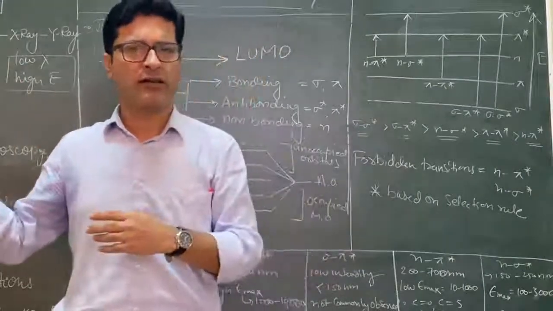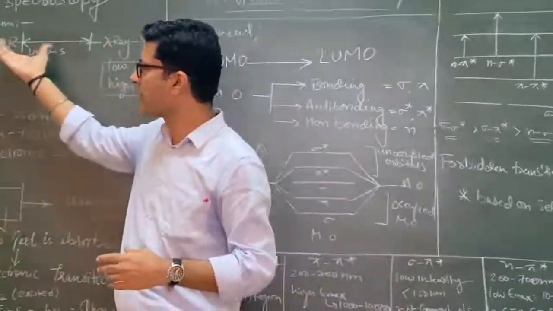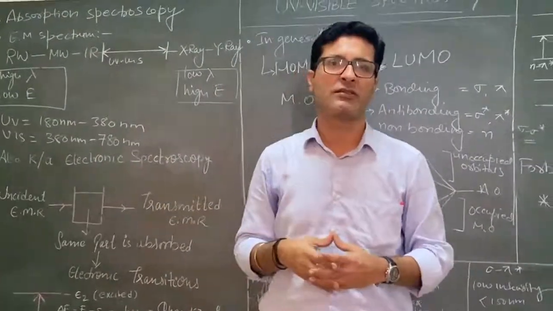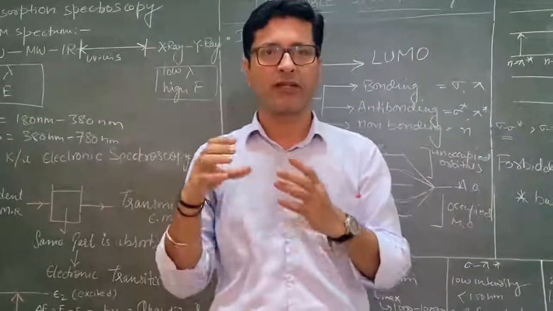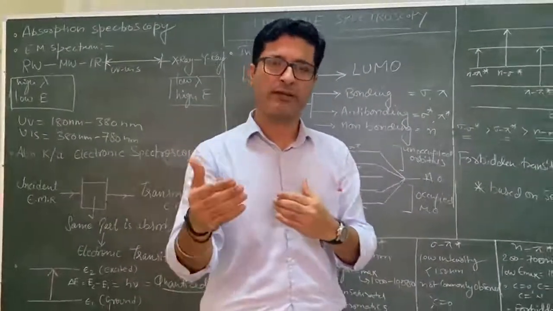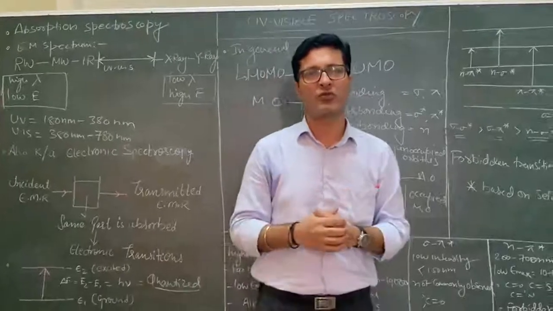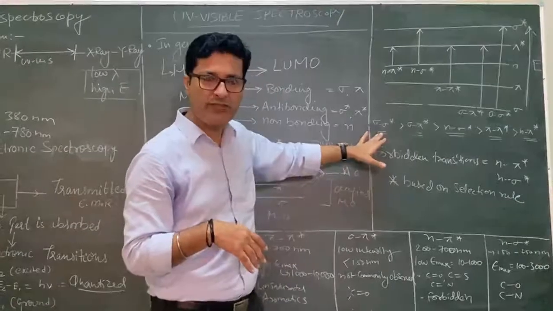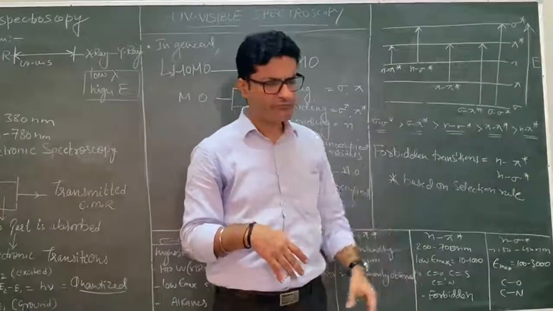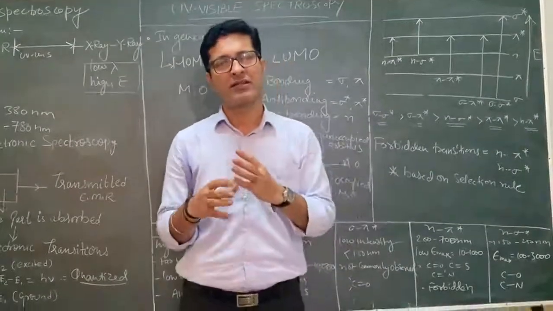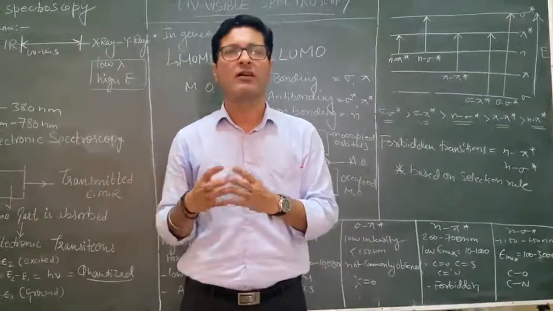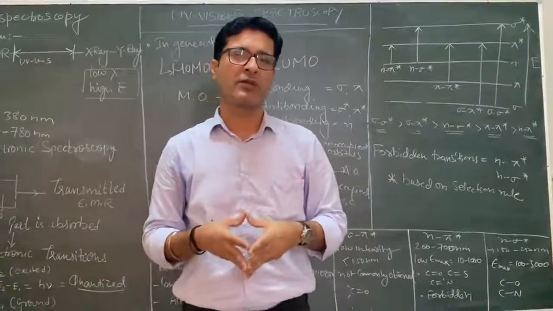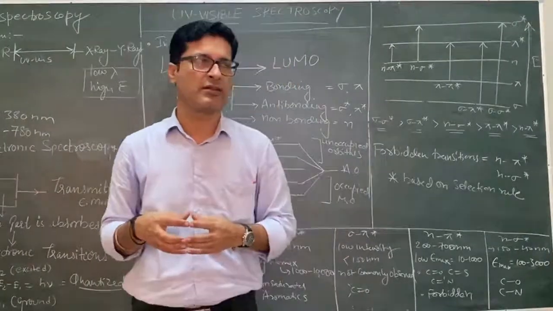As we discussed earlier in the electromagnetic spectrum, when wavelength increases, the energy content of that particular light decreases. So wavelength and energy are inversely proportional to each other. As the energy requirement is high, to cause such a transition we need a shorter wavelength, because a shorter wavelength has a higher amount of energy.